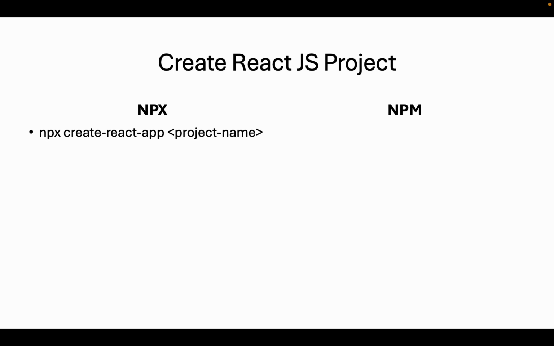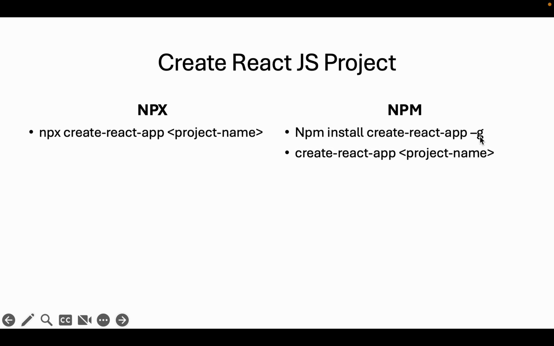In that way, what you have to do is install the create-react-app package globally first by using this command: npm install create-react-app -g. In the second step, you will call create-react-app directly, the package name, followed by your project name, and hit enter. It will create a project for you.